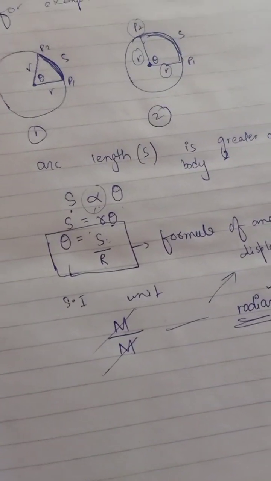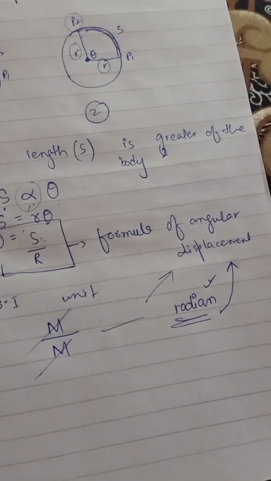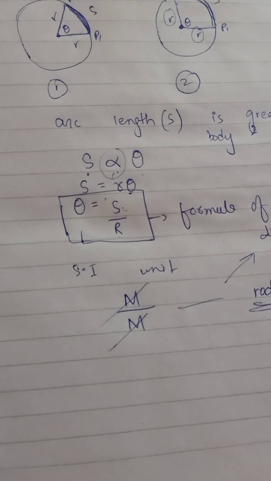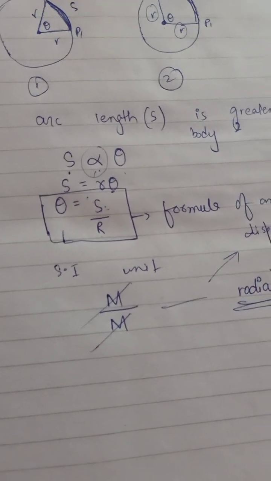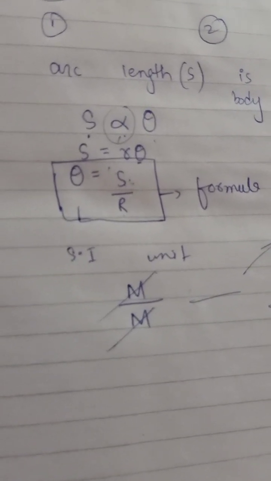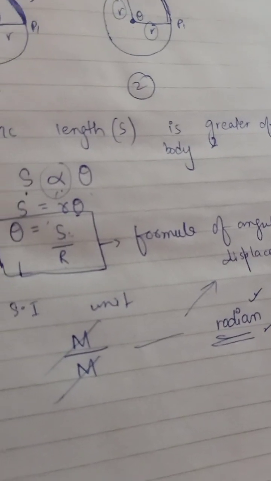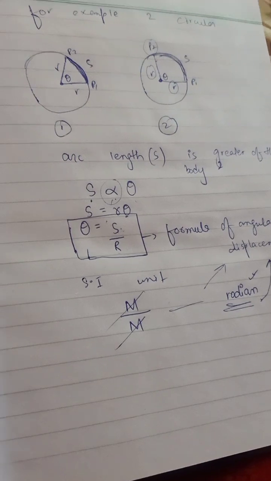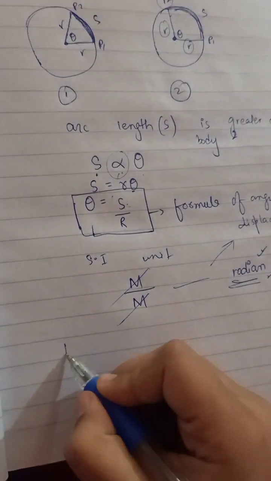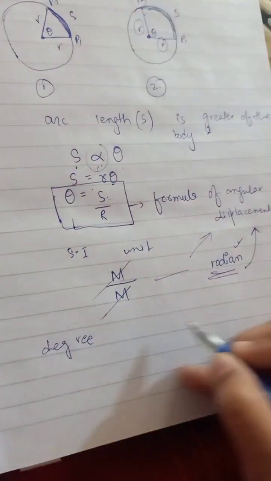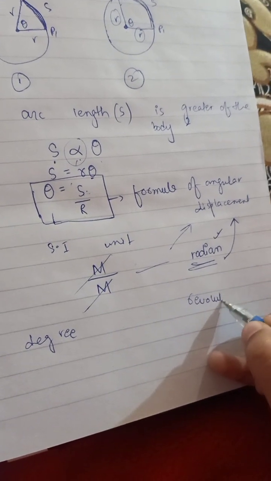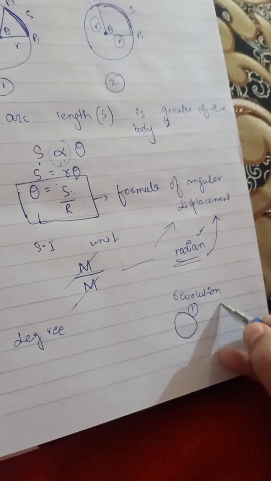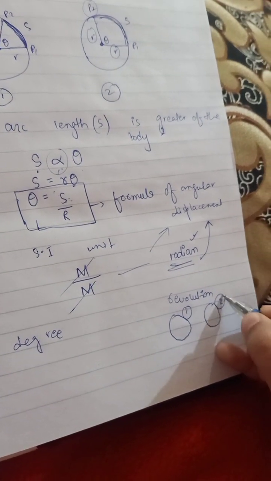We have two more units of angular displacement: the degree and the revolution. What is a revolution? Revolution means a complete circle. A complete circle is called one revolution.